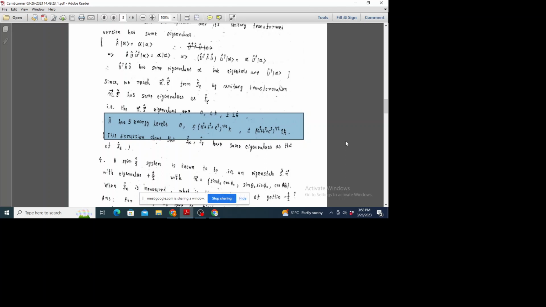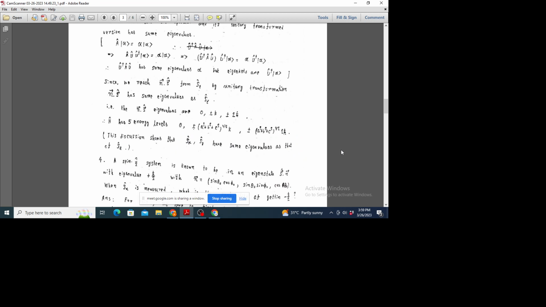So this discussion shows that Sz and any S dot n operator will have the same eigenvalues. S dot n can also be Sx or Sy for some values of n. So Sx and Sy also have the same eigenvalues as Sz.